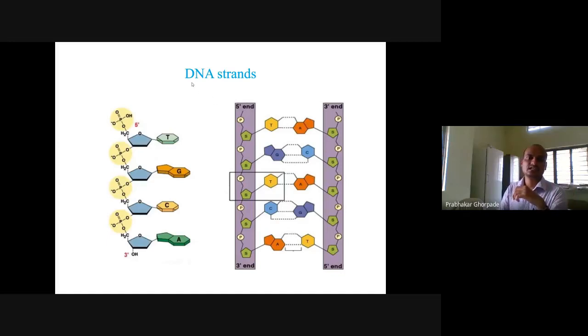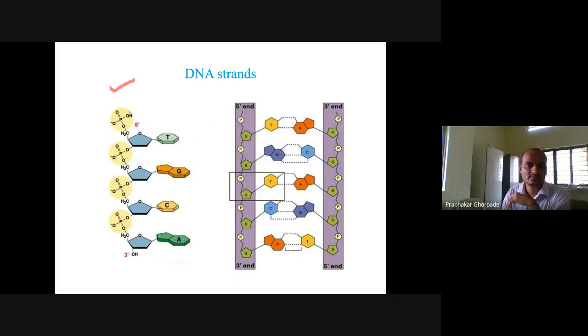So this is a DNA strand. Let's say we have talked about one DNA strand. We say it is a 5' to 3' structure. It contains phosphate, sugar, phosphate, sugar, phosphate, sugar, phosphate, sugar. This is the backbone, and on each sugar is attached a base: thymine, guanine, cytosine, adenine.